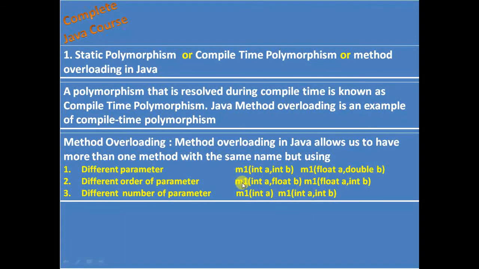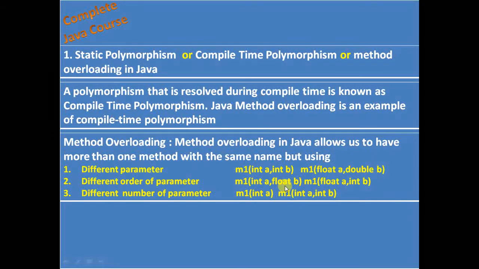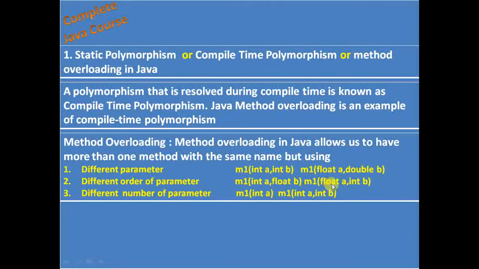Now, different order: these two methods are also overloaded methods. Why? Because this one takes int and float type parameters, but the other takes float and int type parameters. This pair is also overloaded. Why? This m1 takes one parameter and this m1 method takes two parameters.